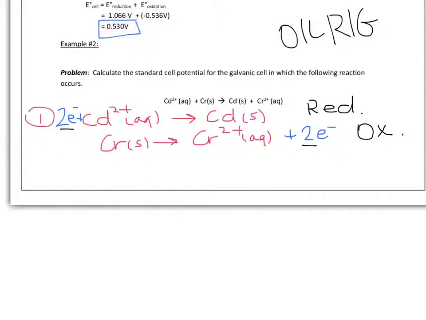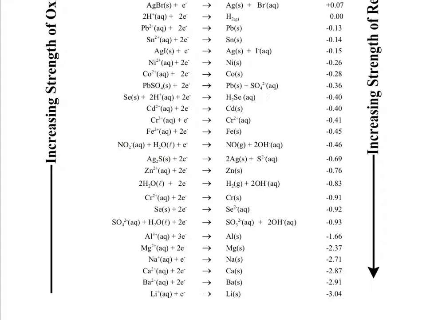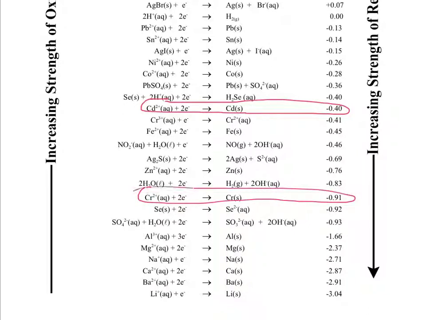So let's go ahead and find this in the list now. Looking down through the list for the two half reactions that we have identified, I can see Cd half reaction there, and the chromium half reaction I see down here. Be very, very careful that you're identifying the exact half reaction.